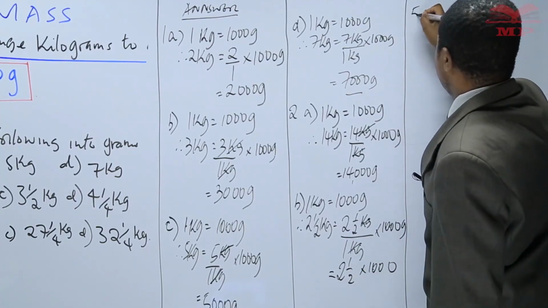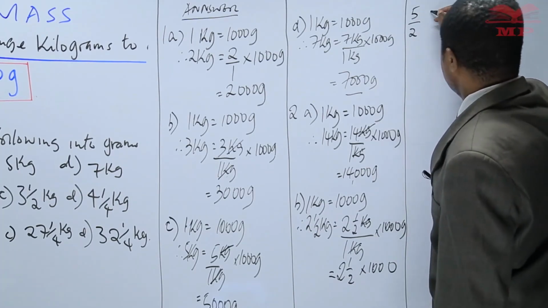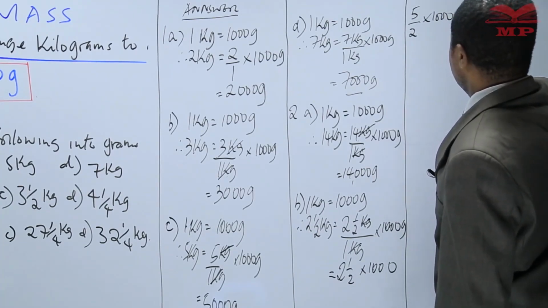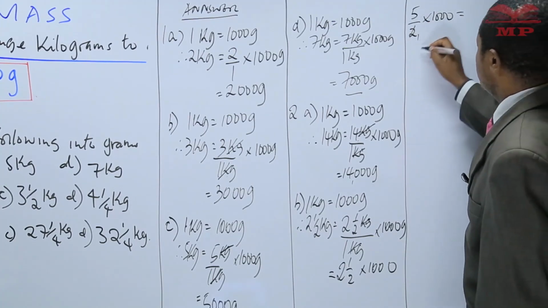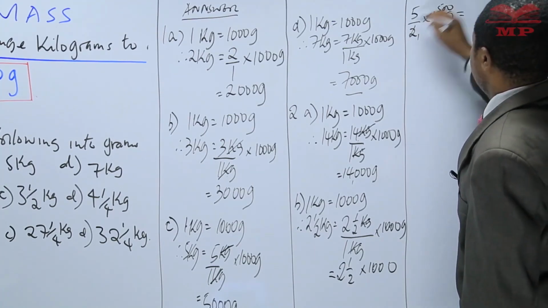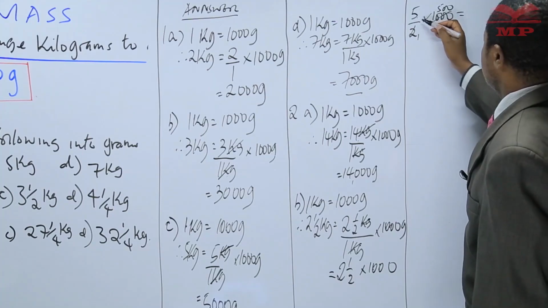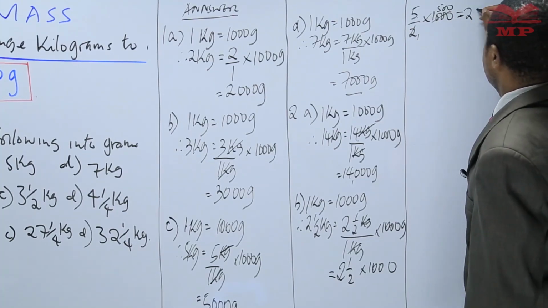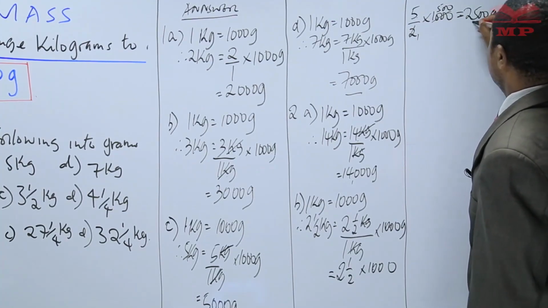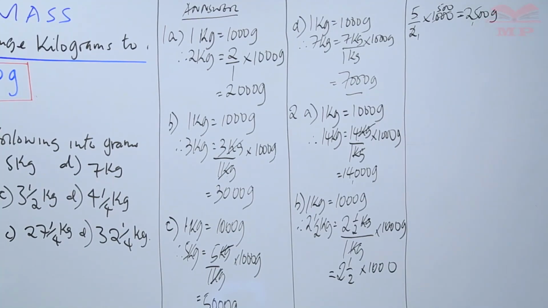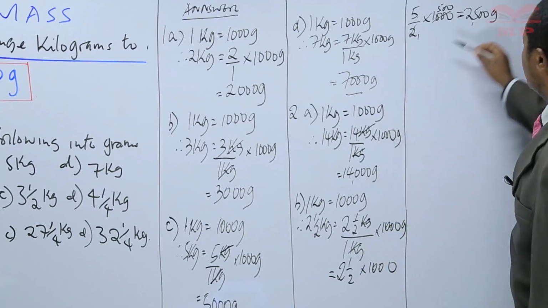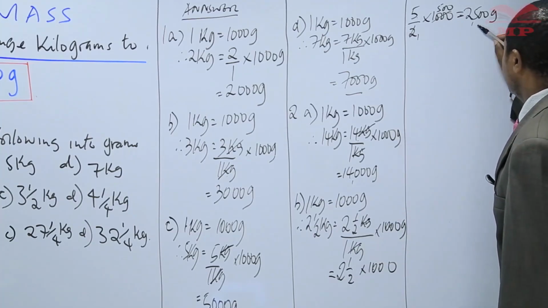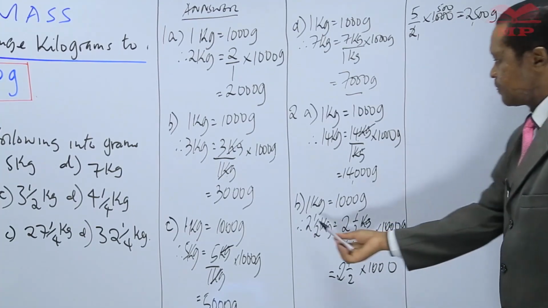So we have 5 over 2 times 1,000. 2 goes here once, 2 goes here 500 times. So 500 times 5 is equal to 2,500 grams. So 2.5 kilograms is equal to 2,500 grams. That is B.